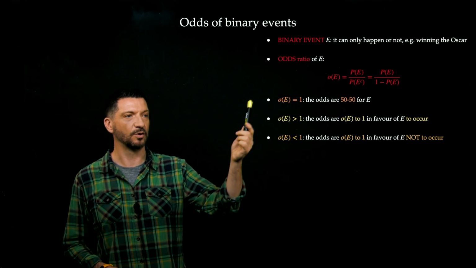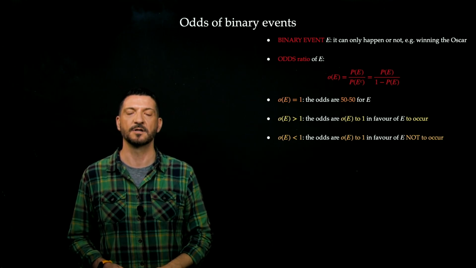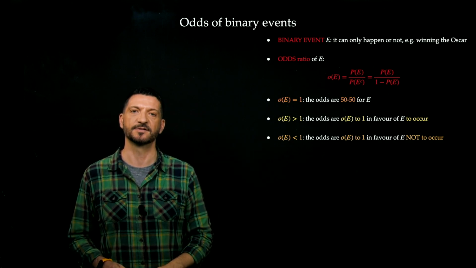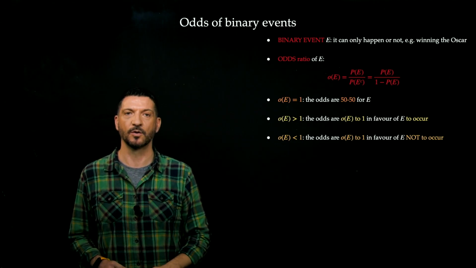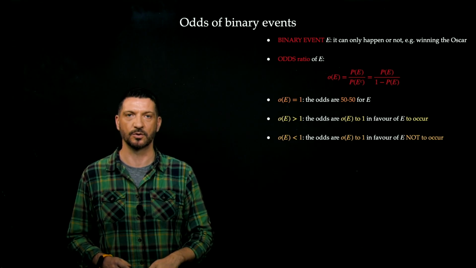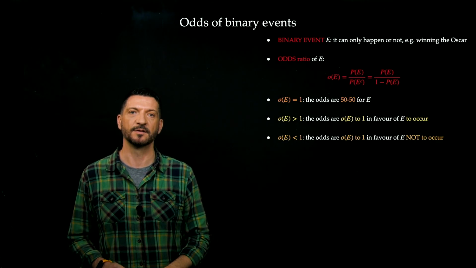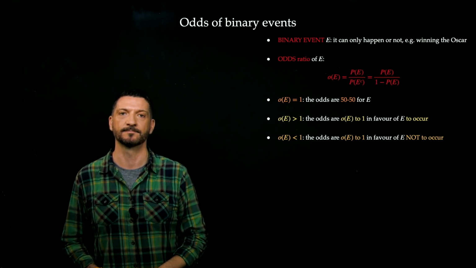By definition of odds, it's clear that if the odds of the event E are 1, then E has 50-50 chance to happen. Instead, if the odds are greater than 1, then E has a greater chance to occur. Instead, if the ratio is smaller than 1, then the odds are in favor of E not to occur.